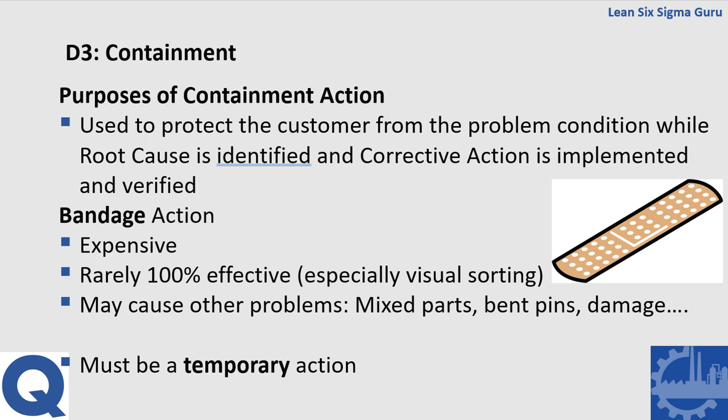It is nowhere close. And this kind of containment action, this kind of sorting and visual inspection, causes other problems. We mix parts, we mix labels, we bend pins, we damage units, all bad. Whatever we decide for containment action must be a temporary action and must not be allowed to go on forever and ever.